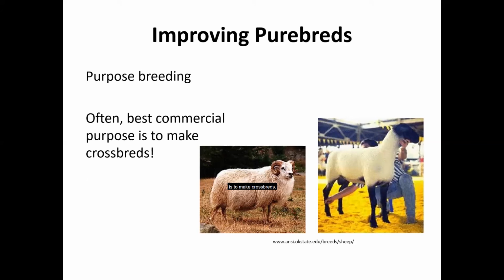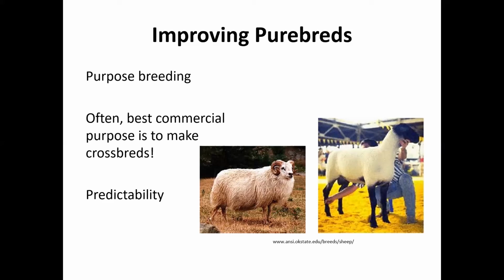In commercial production, many times the best commercial purpose of a purebred is to make crossbreds. Why is that? Because of what we talked about earlier with the free lunch of heterosis. That 18% boost in just being crossbred is a hard thing to compete with in terms of selection within purebreds.